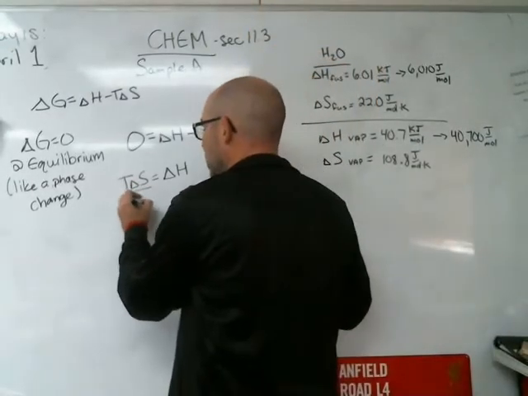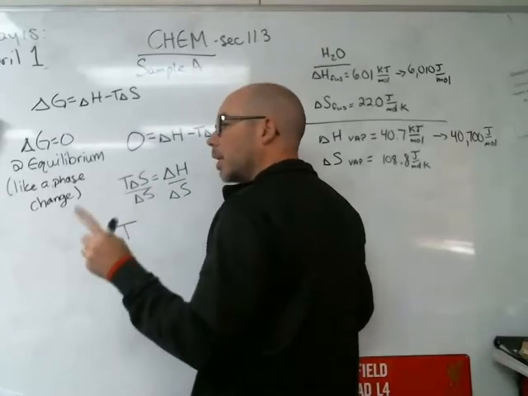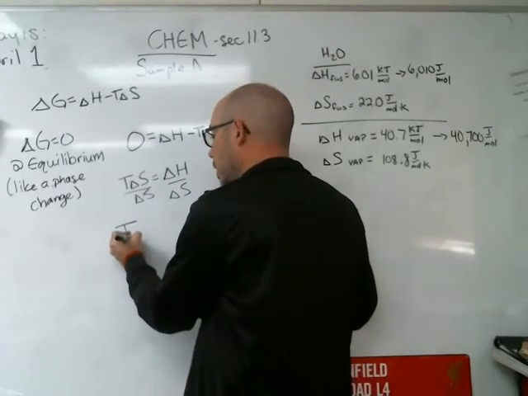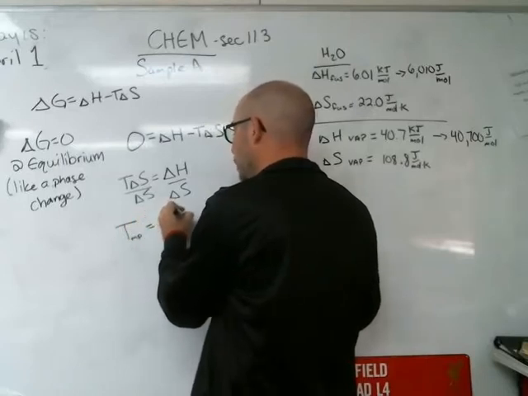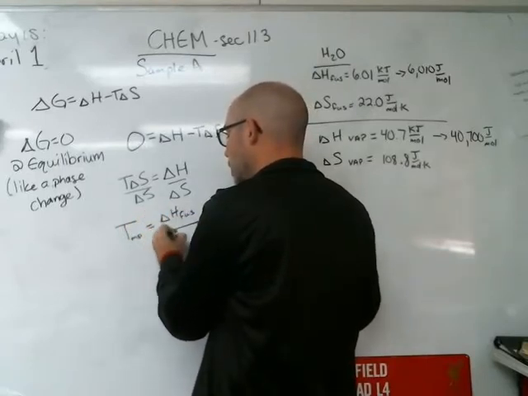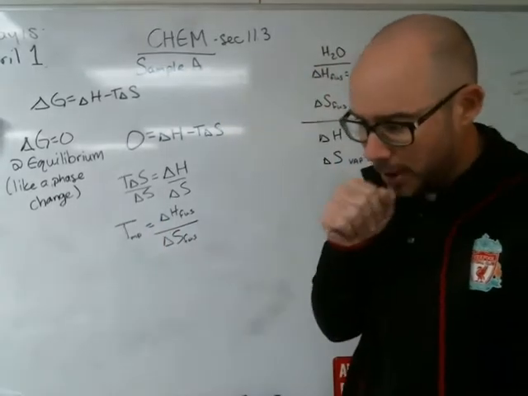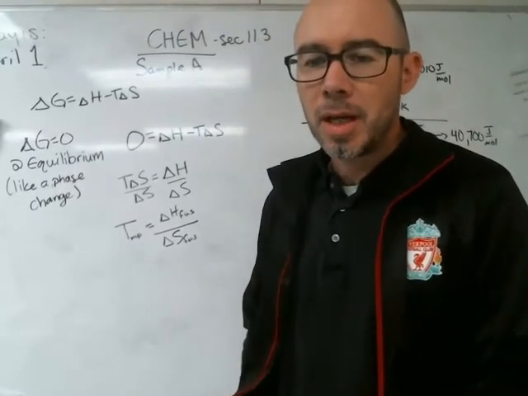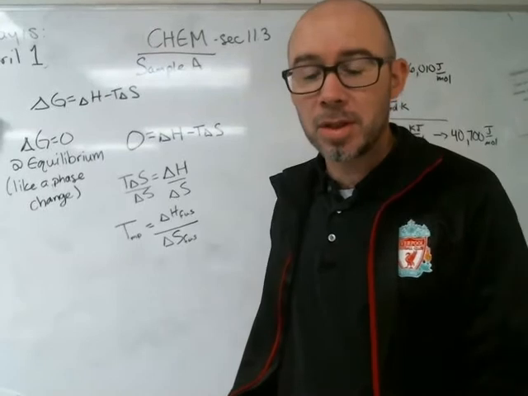So divide both sides by delta S, and we'll get T, and specifically the melting point is going to be equal to delta H of fusion divided by delta S of fusion. Again, these values have already been determined, and we're going to use one that's very familiar to us just to prove the point.